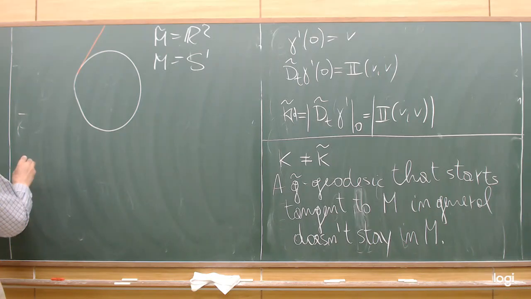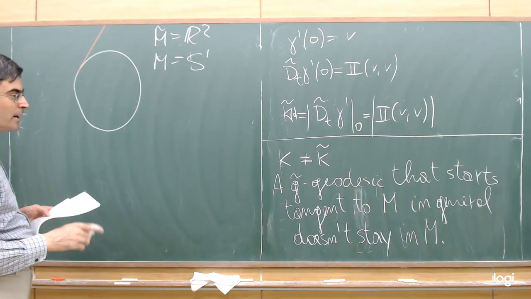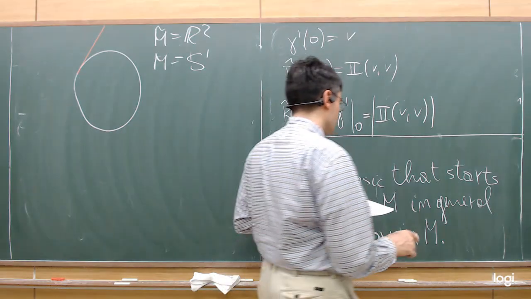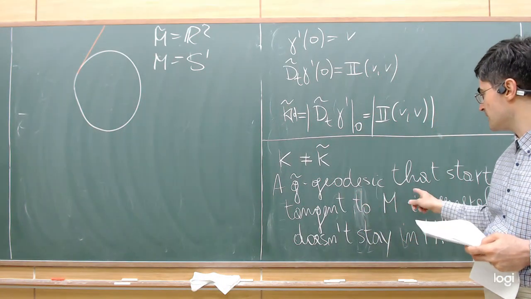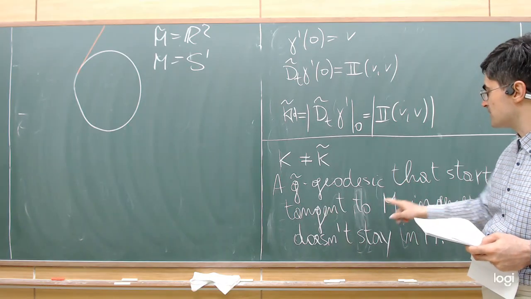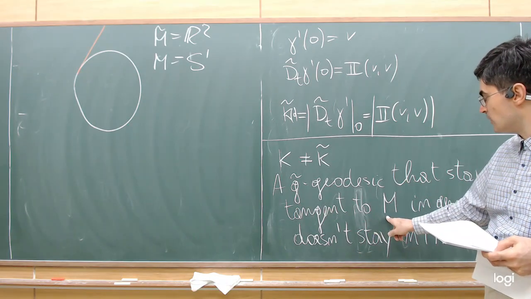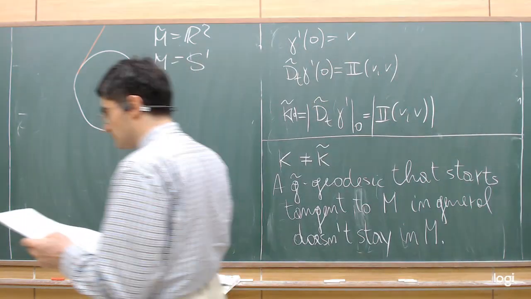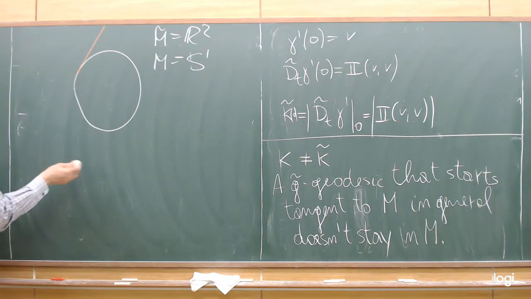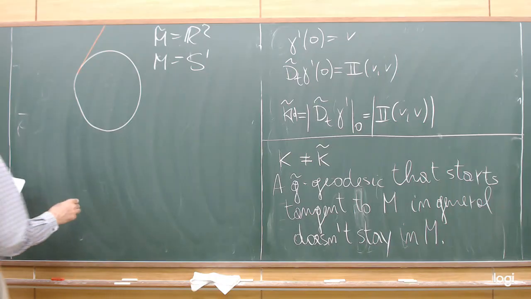There are some manifolds where instead it happens that G tilde geodesics, which start tangent to a submanifold, stay in that submanifold at least for a small interval.